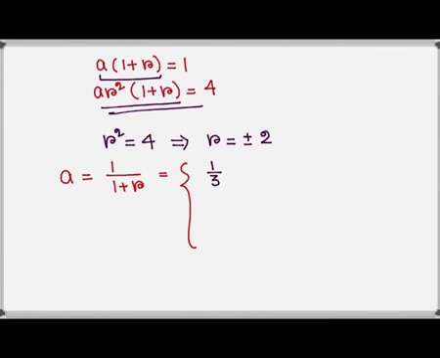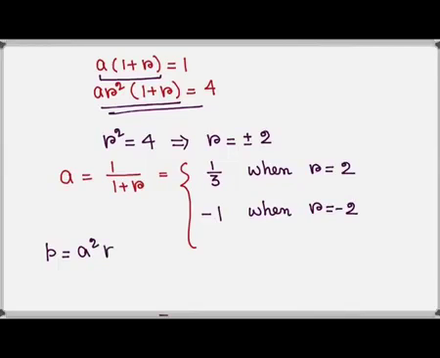1 by 3 when R is equal to 2, and minus 1 when R is equal to minus 2. We also have P is equal to A square into R and Q is equal to A square into R to the power 5.